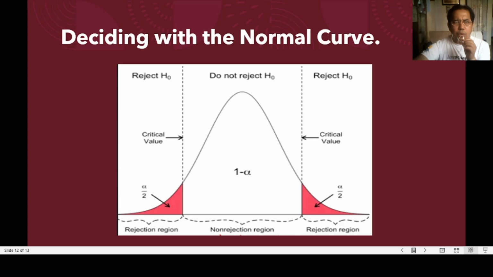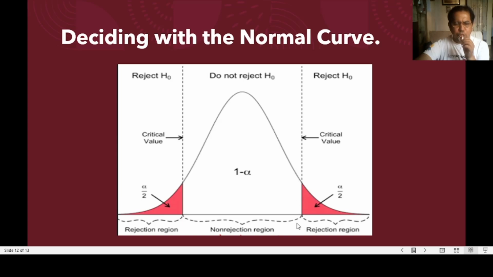In here I have the curve. The unshaded part is considered to be the non-rejection region. The shaded part, the two tails, the two extremities, the left and the right, is the rejection region of the null hypothesis. Notice that the boundary between the shaded part and the unshaded one is the critical value.